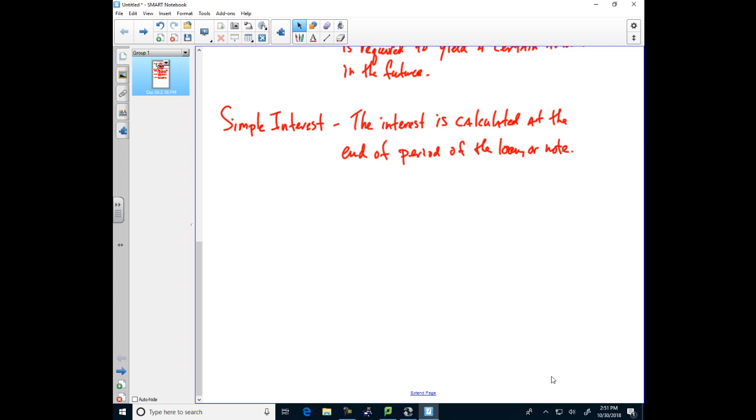So far on simple interest, we've just calculated the interest equals the principal times the rate times the time. We did it once. Now, I know you're sitting there thinking, well, what about this problem on here where there was partial payments? Yeah, but it's still the same concept. Remember I told you, as far as I was concerned, partial payments is just like you start another loan. At the end of it, whenever you have a payment, to me, it's like, okay, that loan's over, you're starting another loan. So the interest is only calculated once for each of these.